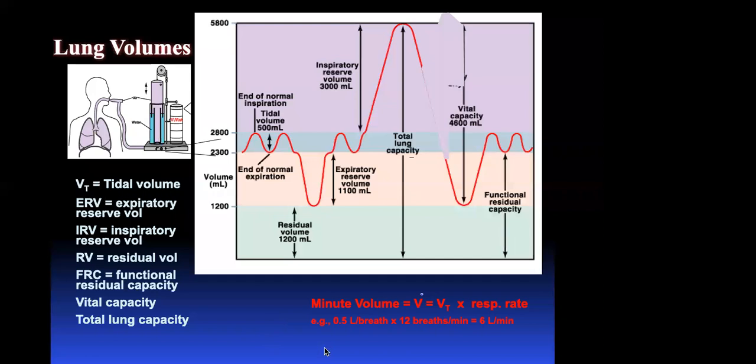But in an average person, about 12 breaths times 0.5 liters per breath, you get a rate of about 6 liters per minute of air going in and out of the lungs. That is called the respiratory minute volume.